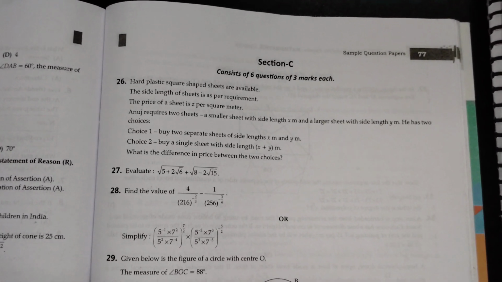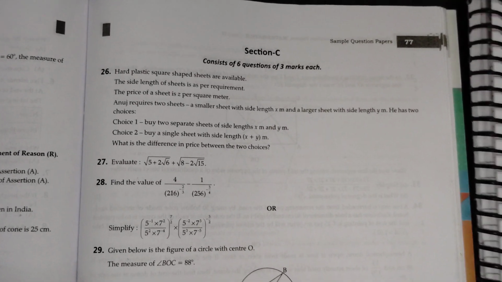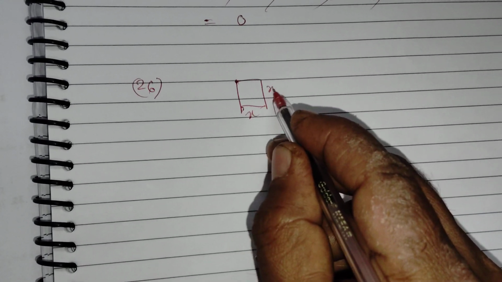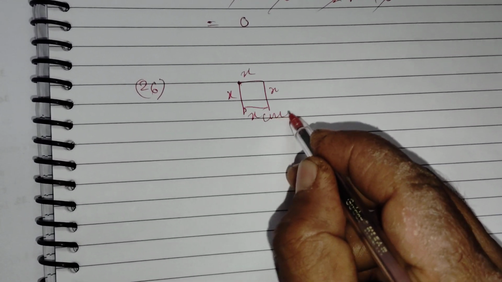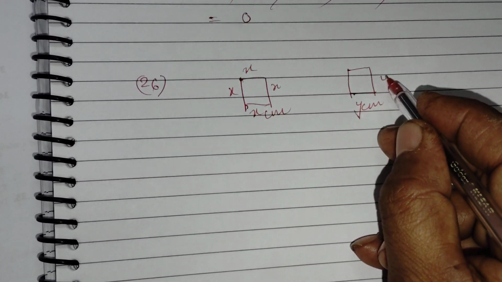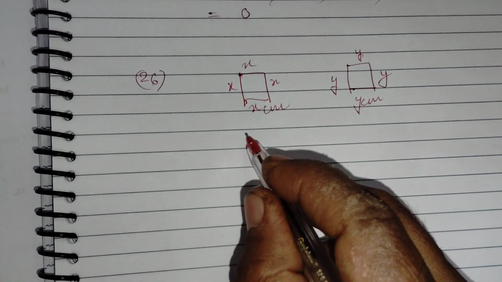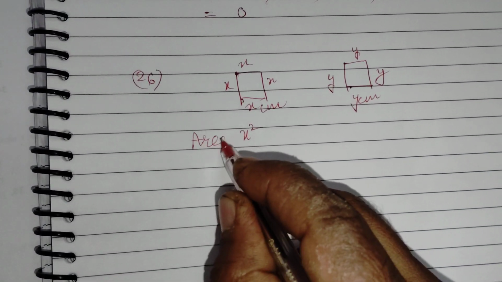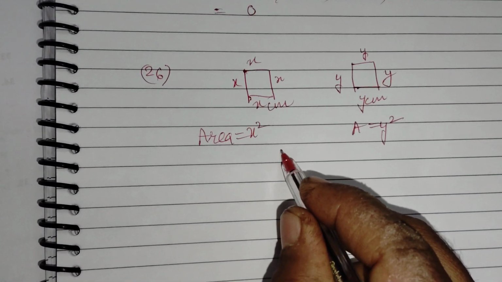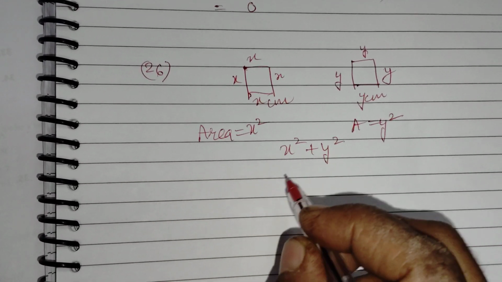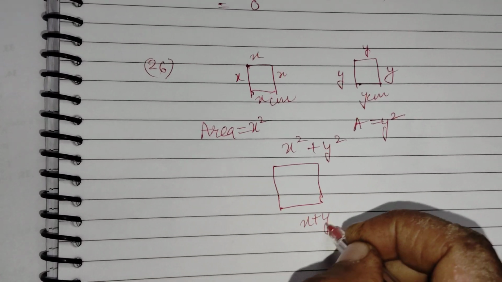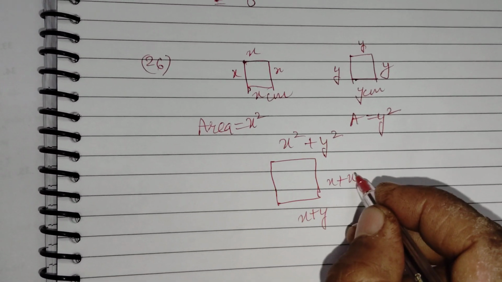So in this 26th question, a 3 marks question, Anju has two choices. One is a square sheet with side x meter, and another with side length y meter. So its area is x square, and the other sheet's area is y square. So their total area is x square plus y square. The second choice has side x plus y, so the area becomes x plus y whole square.